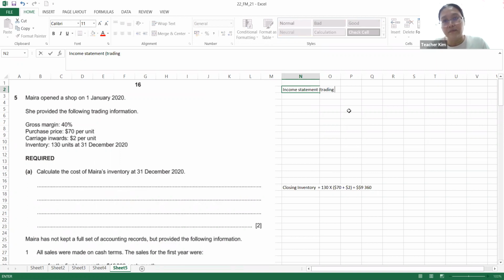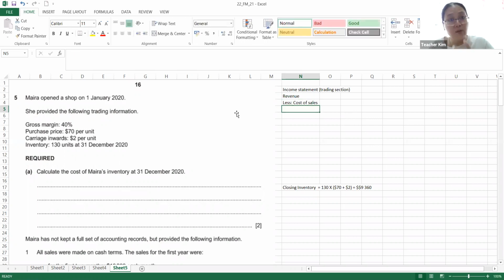Here we have revenue less cost of sales. Because this is the first year, no opening inventory. Purchases, and then carriage inward.